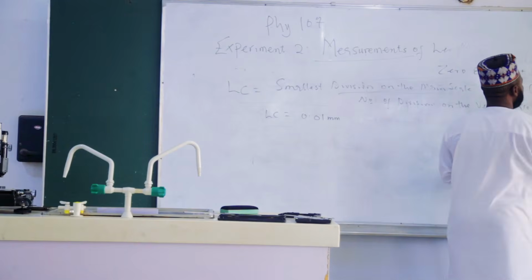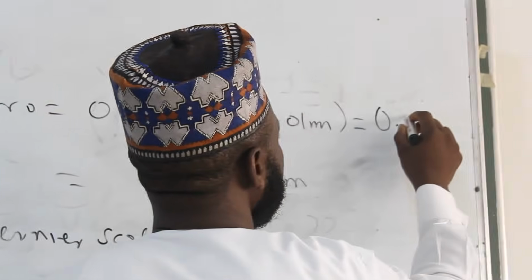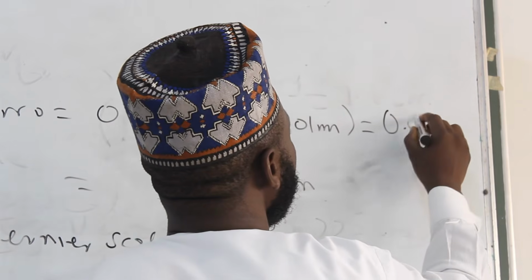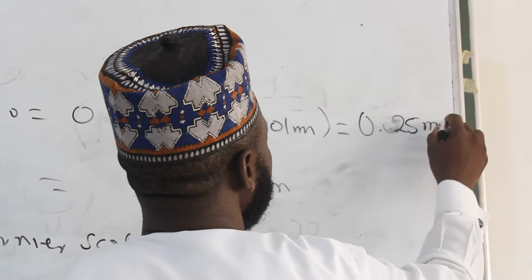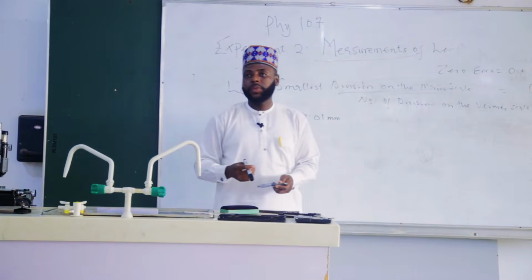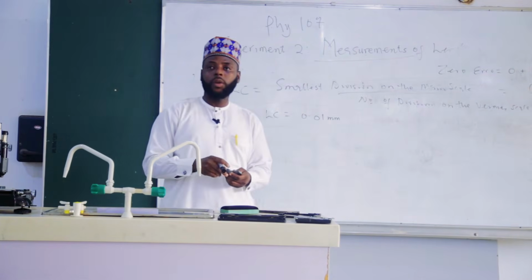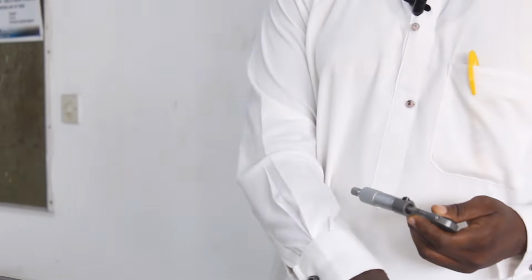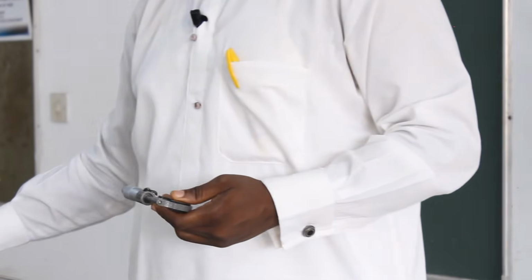So this will give us 0.25 millimeter. Later on, we are going to subtract this error from our final reading.